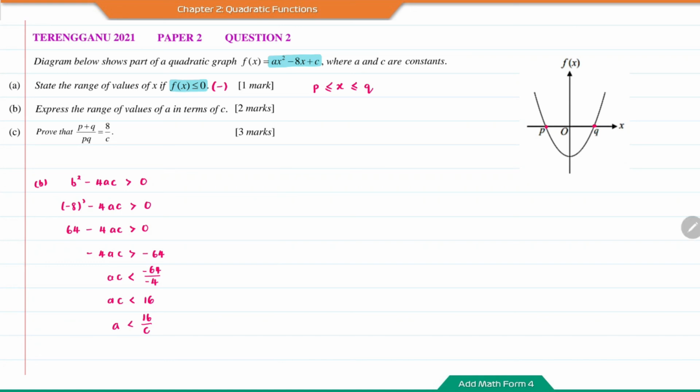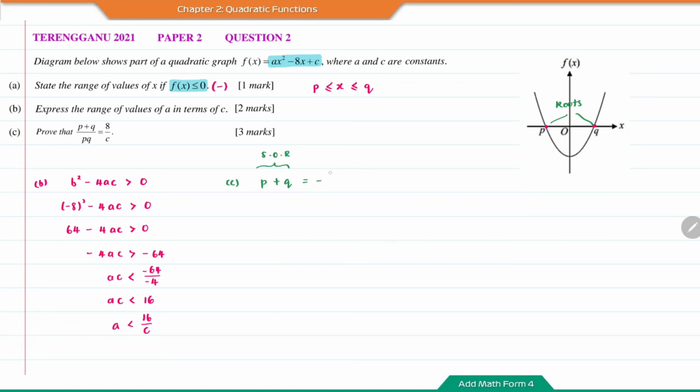Now we're going to move to question C. We want to prove that P plus Q over PQ is equal to 8 over c. So from the graph here, P and Q are the roots of this quadratic function. So P plus Q is the sum of roots.